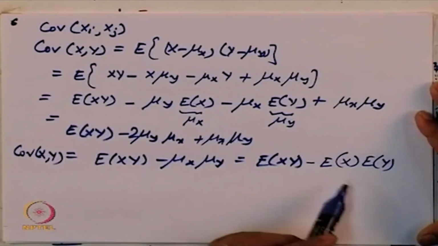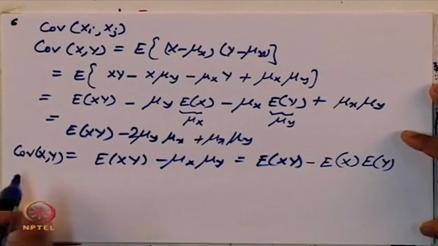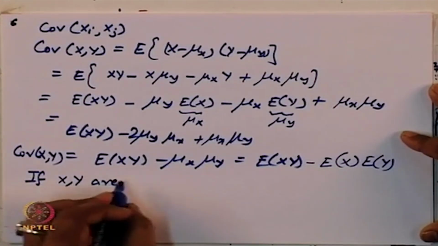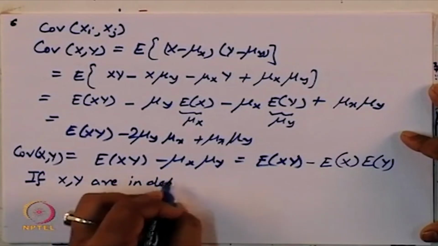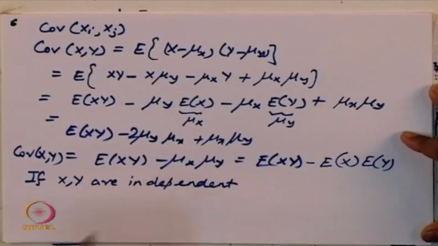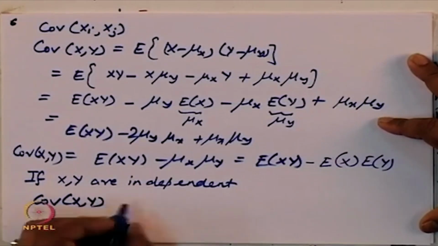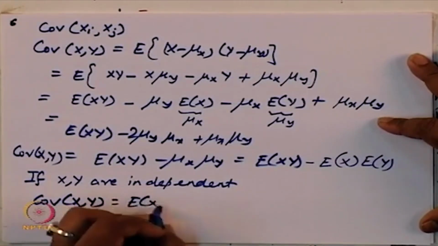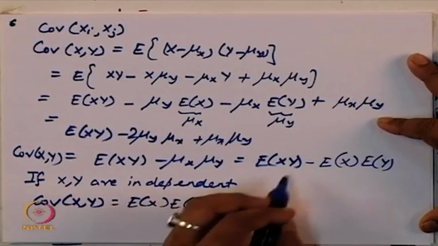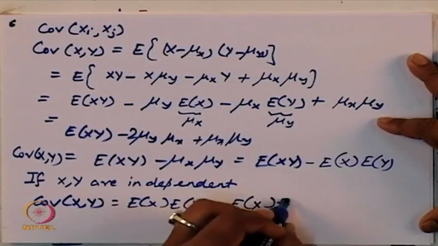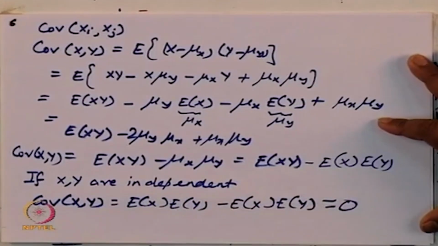Now, what you see is if x and y are independent, then E of xy equals Ex into Ey. So, I can expand Exy as Ex into Ey minus Ex into Ey. This gives me a value of 0.